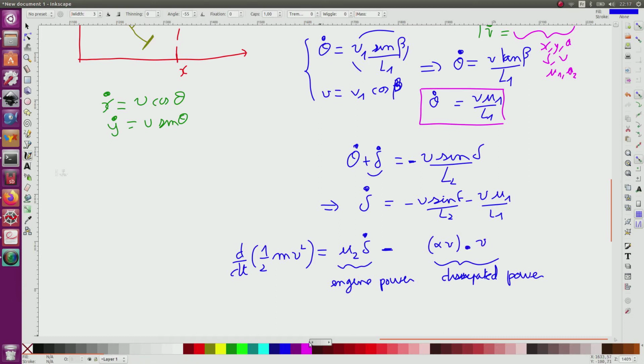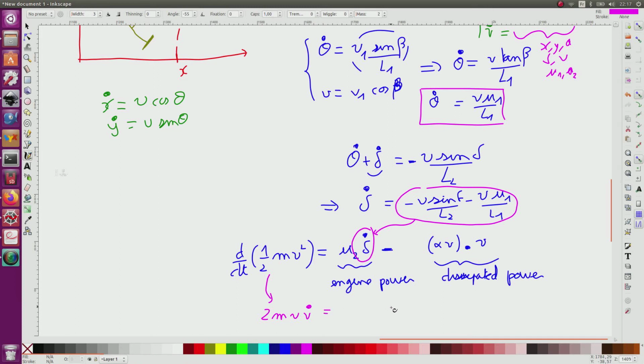Since I know an expression of delta dot with respect to the state variable and the input, I can put it here, and I also know that this corresponds to 2m v dot.